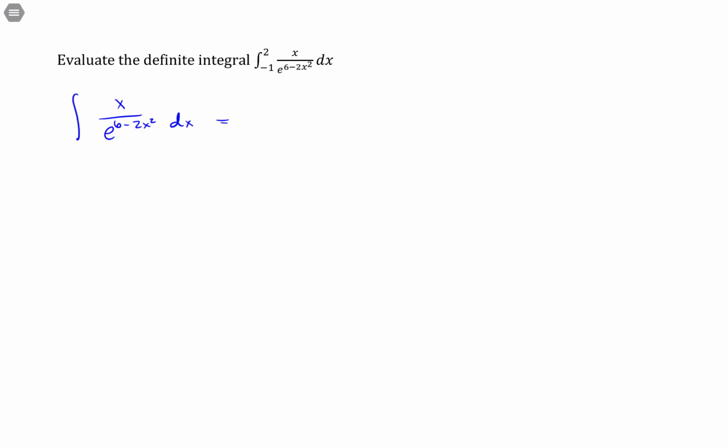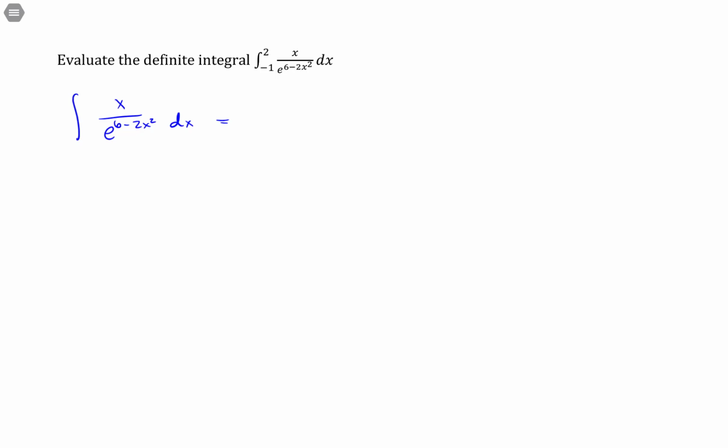Now, probably going to need the use of u-substitution here, but I have another issue going on with this denominator. I don't particularly have a quotient rule for integration, so we can't just throw this into a quotient rule to evaluate it.